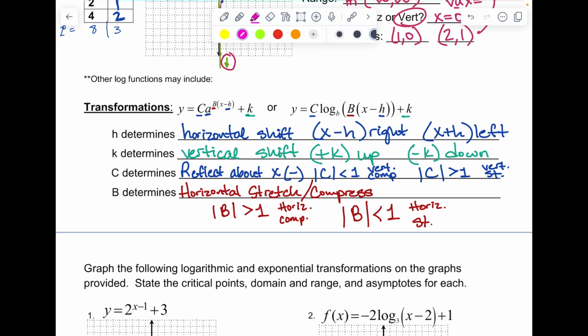And just to cover that again, C less than 1 is a compress, but a B less than 1 is a stretch. C greater than 1 is a stretch, but a B greater than 1 is a compress. So the rules are really similar, just slightly different. And through practice, you'll probably be able to pick up on those really quickly.